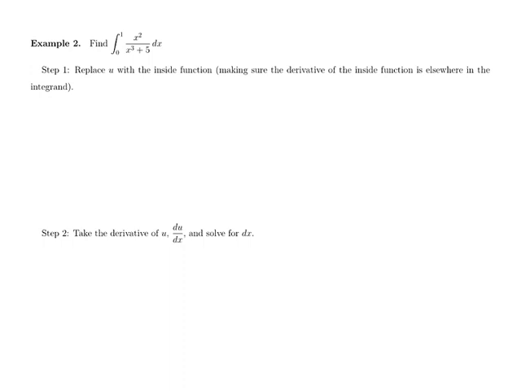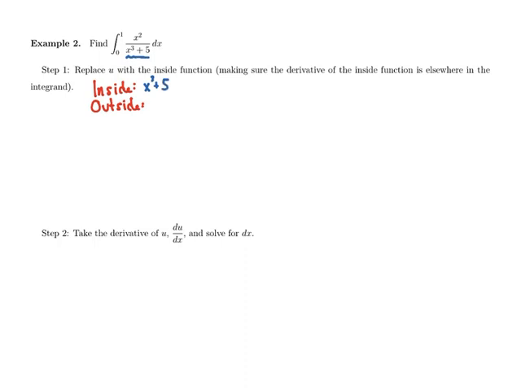So here we have the integral from 0 to 1 of x squared over x cubed plus 5 dx. Maybe the most complicated part of these problems is correctly identifying what is the inside function and what is the outside function. In this problem, it's not as clear what the function composition actually is. It is going to be the case that the inside function is this x cubed plus 5.